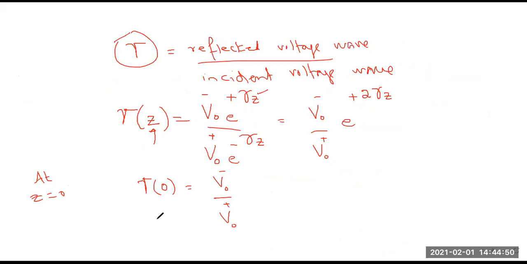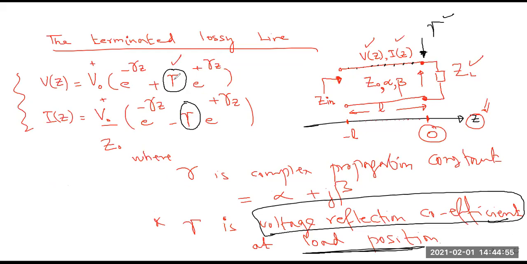You can refer back: when I introduced this term, I just used gamma without representing it as a function of z, so this gamma was the reflection coefficient at load position. When you don't use any brackets and no function of z, by default it is the reflection coefficient at the load position.